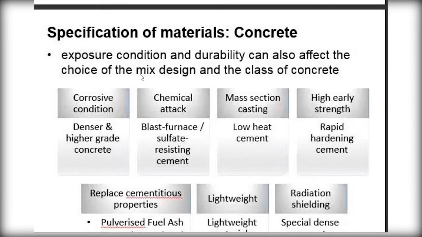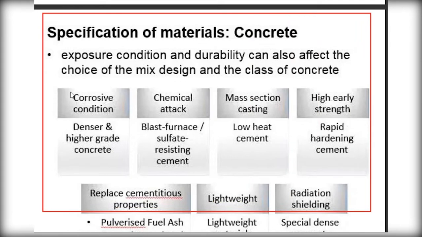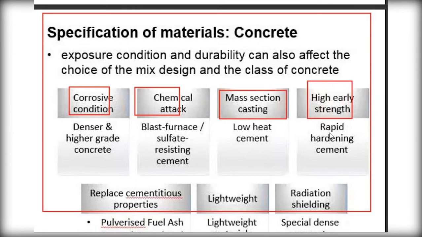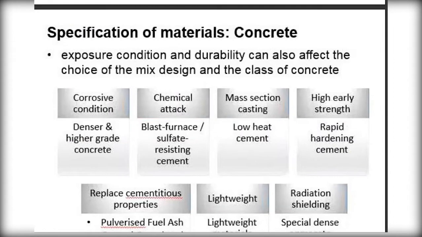Now the specification of the material or the concrete depends on this function. It also depends on the corrosive condition, the chemical attack, the mass of the section in casting, and the high strength, whether it is rapid hardening or low heat or blast furnace or denser, etc. So you can look at how this also affects the specification of the concrete.